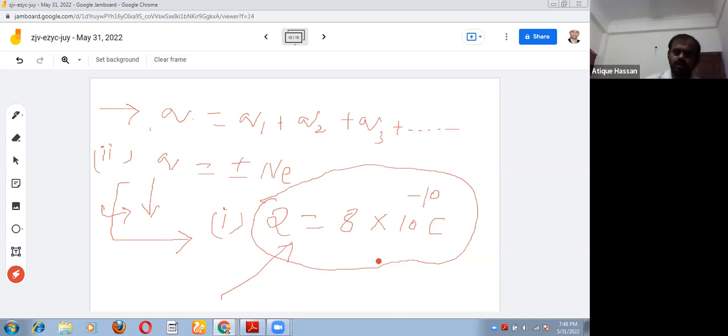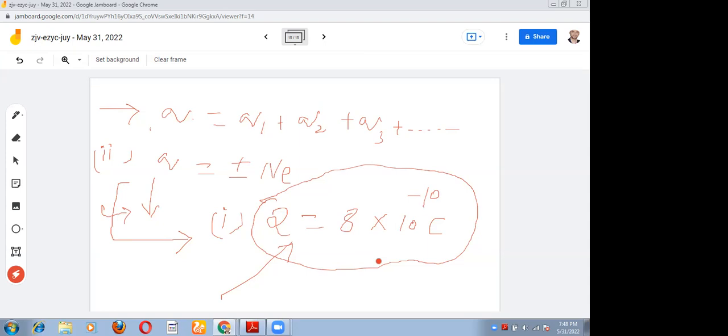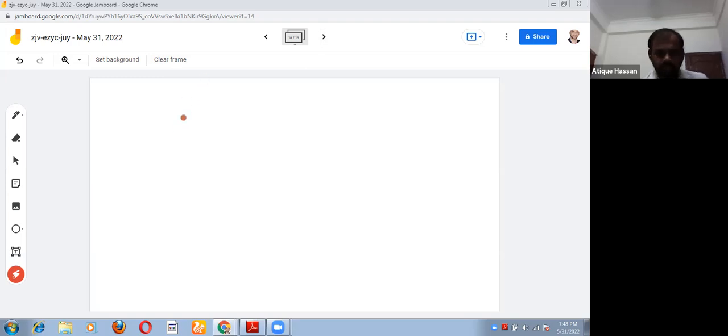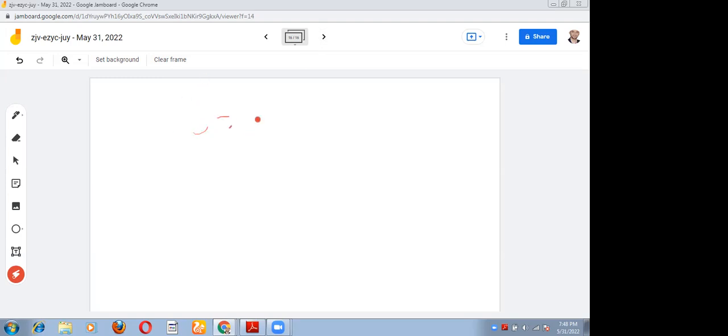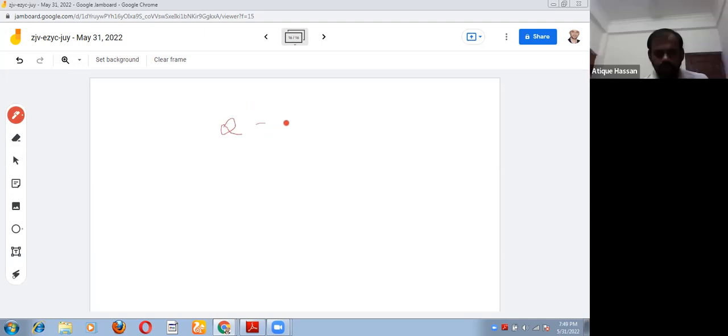So in the formula, Rifat, can you answer what you will find by applying this formula? See, we know the quantization formula Q equal to NE. Correct? In this formula, what is the value of N?